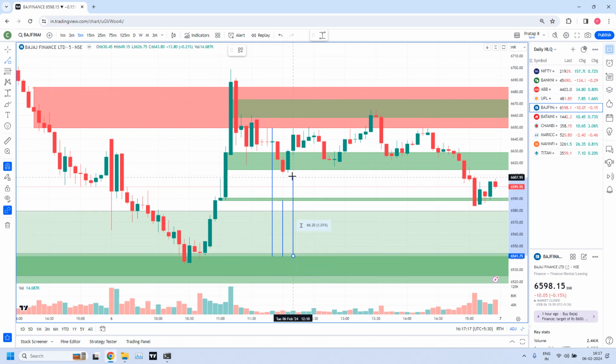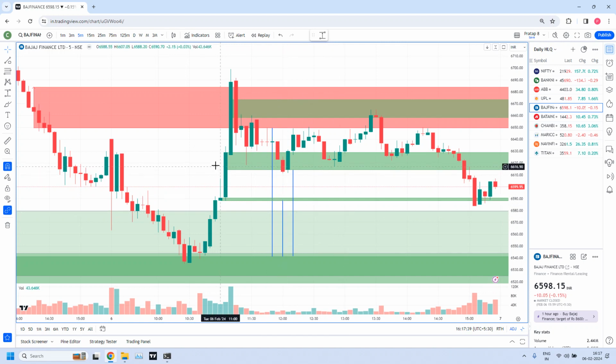In case this 1-minute zone is violated, your target would have been this one. How much range do we have? 72 rupees. See, here we would have got only 47, and here you would have got 72. 72 rupees profit is better than 47.